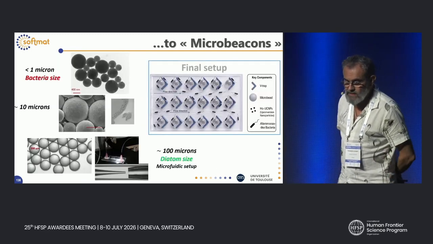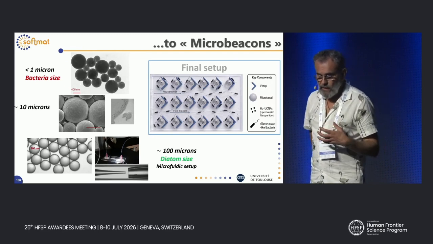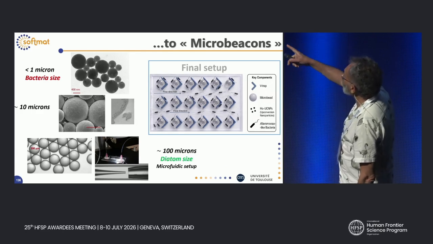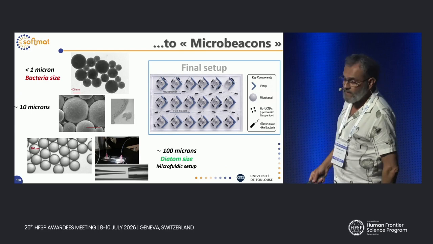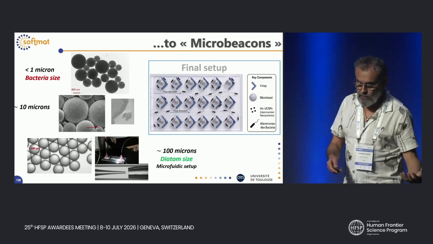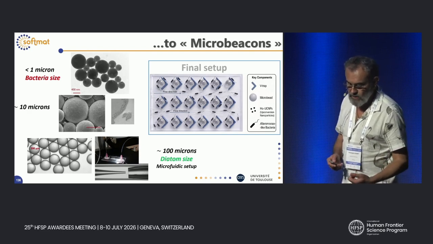And so we are at this stage now, which is to incorporate these crystals into beacons. These beacons will be beads, so you have several shapes here, from 1 micron up to 200 microns. We generated them either by polymerizing the polymer around the beads, or by precipitating polymers with the nanocrystals all together.